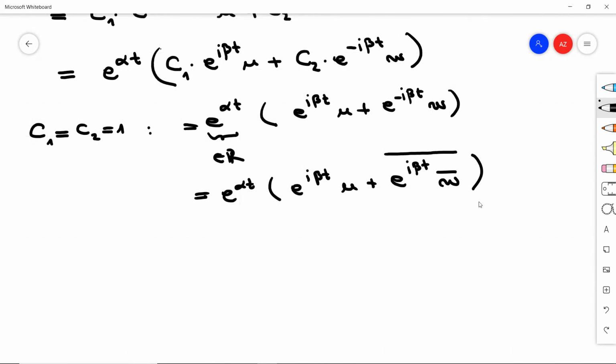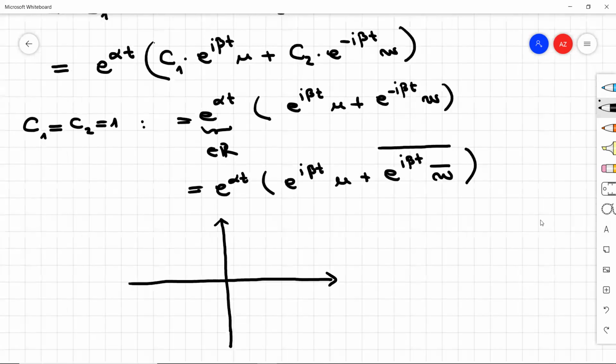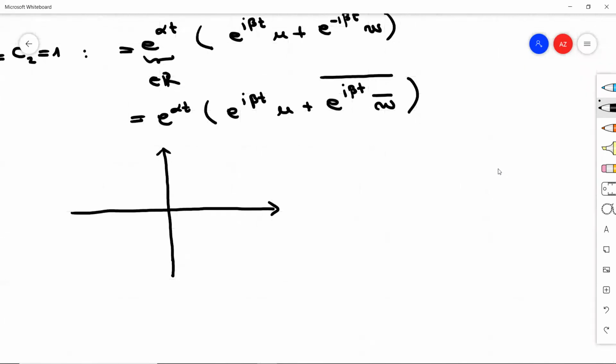Now I will try to draw this. Let's also use that u is u1 plus i u2, and w is then u1 minus i u2. So w conjugated is u1 plus i u2.